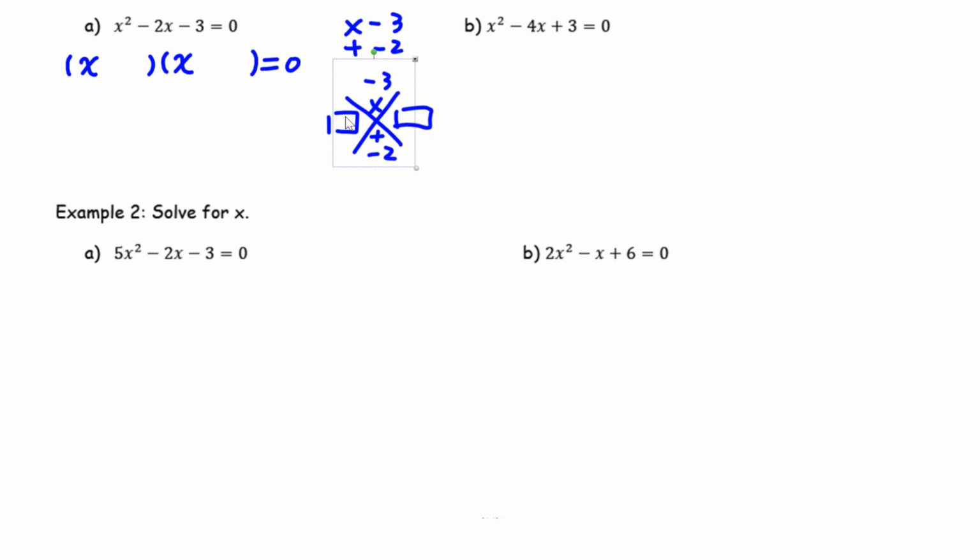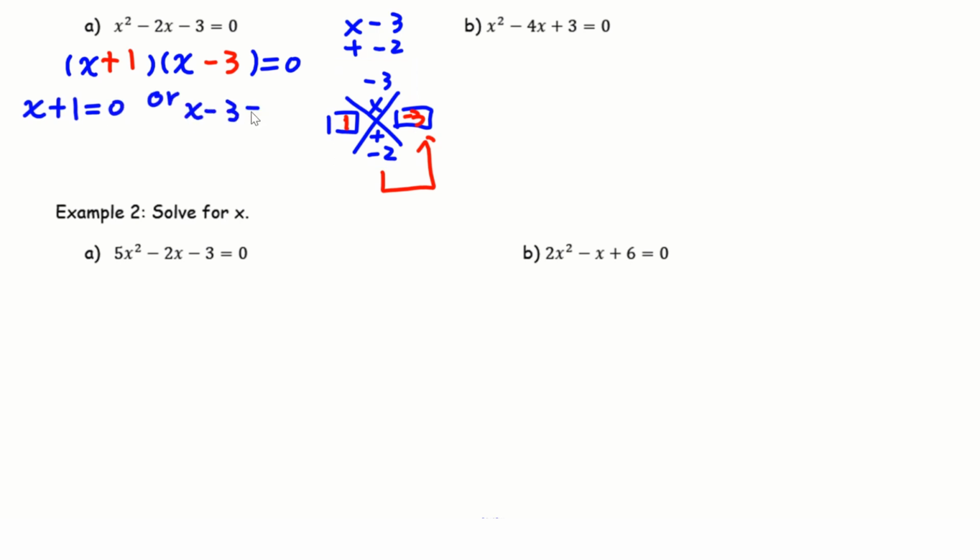It will be the prime number, only 1 and 3. The larger number needs to have the same sign as the sum, so it's negative 3. So plus 1, minus 3. Then the formal way to solve it is to let each bracket equal 0.